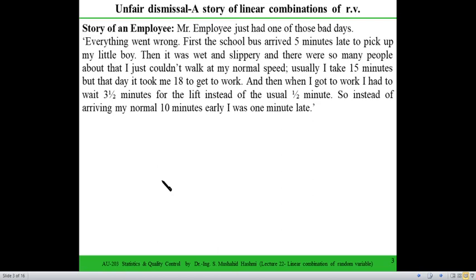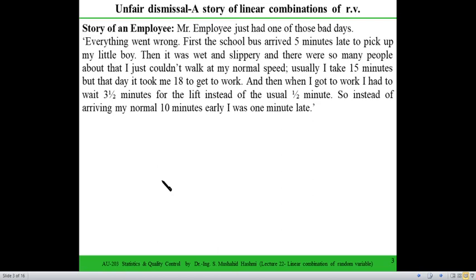Usually I take 15 minutes, but that day it took me 18 minutes to get to work. And then when I got to work, I had to wait 3.5 minutes for the lift instead of the usual half minute. So instead of arriving my normal 10 minutes early, I was 1 minute late.